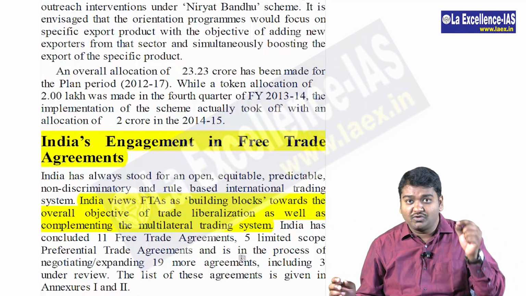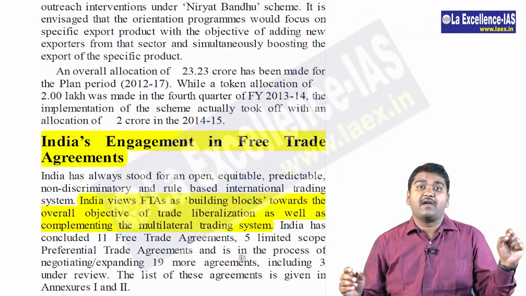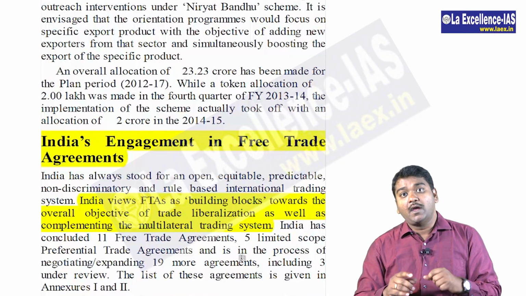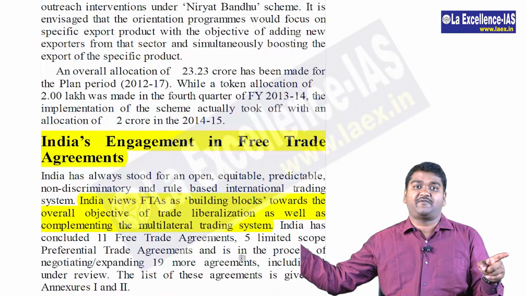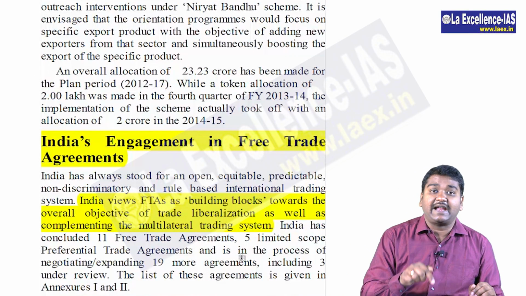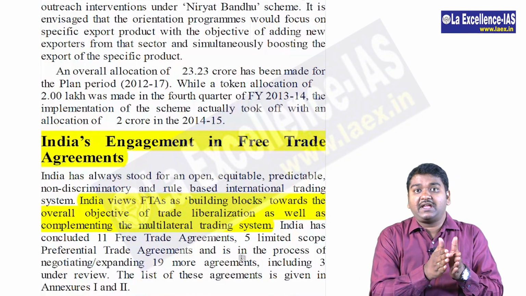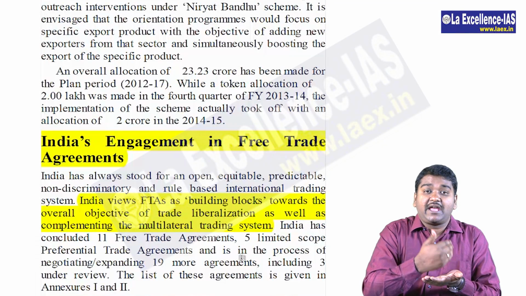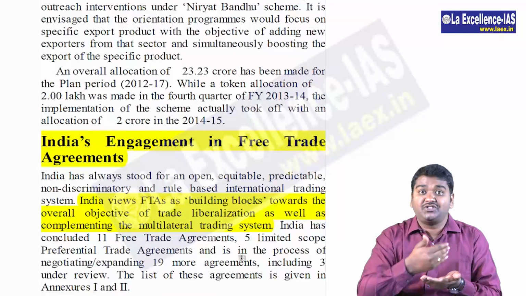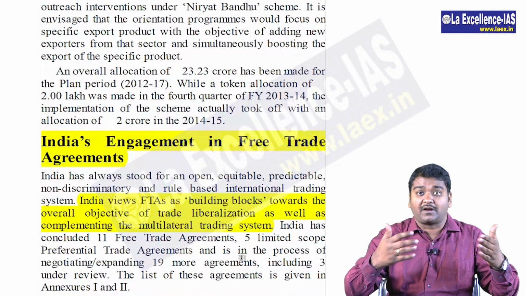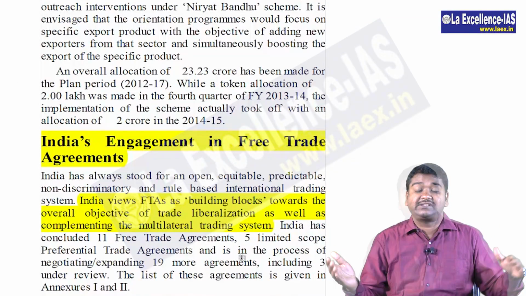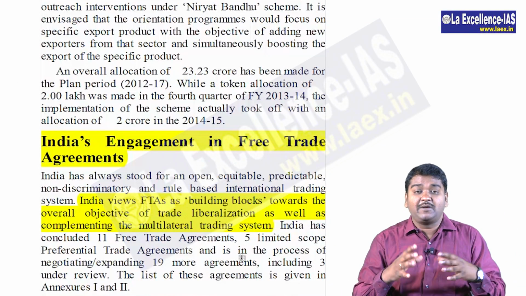Many people earlier used to ask, is FTA against WTO? The reason they used to ask was that FTA is actually against MFN status. Now here they are talking about India trying to go for FTAs with multiple countries just to ensure that over a period of time we will be coming together across all these countries in WTO, and then we will be working together.